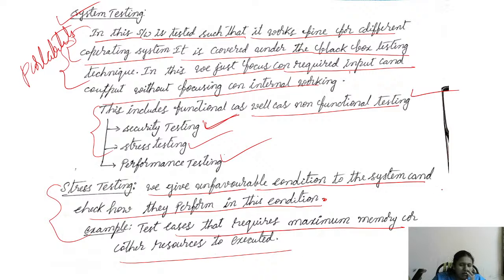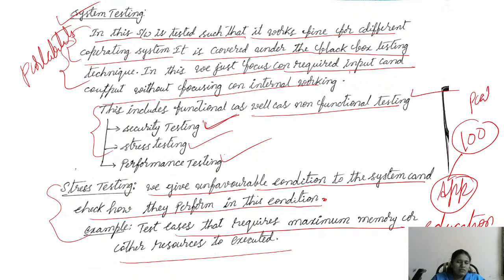Suppose we take an education app, and it will work fine only up to 100 participants. If we give more than 100, then we will see whether it is working fine or not.